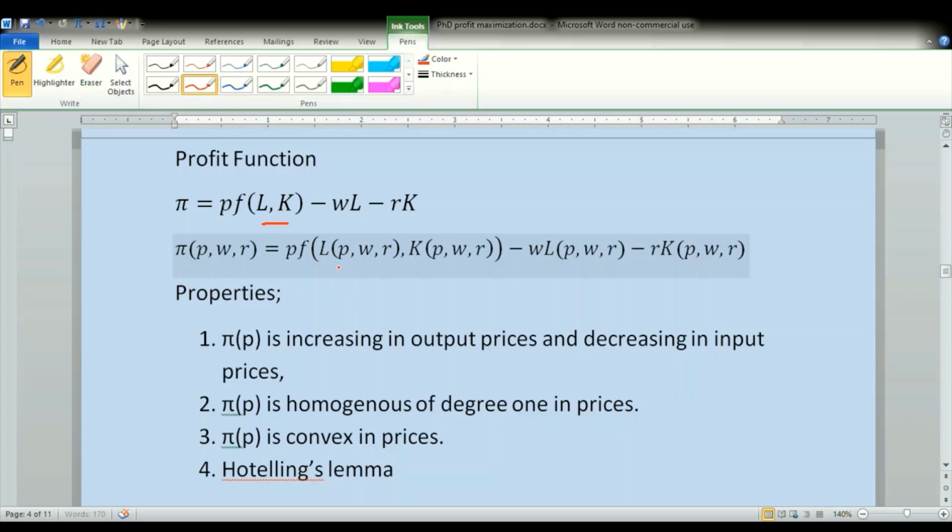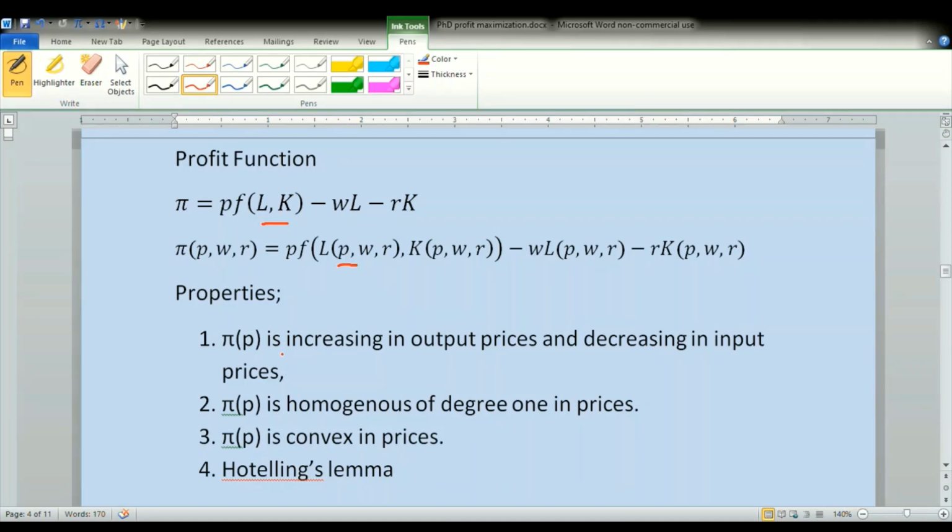So the profit function will be a function of output prices and input prices, and this profit function will be giving the maximum attainable profit at any price vector. This profit function has certain properties.